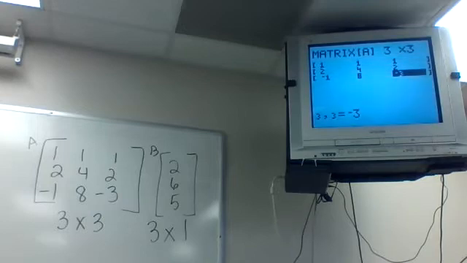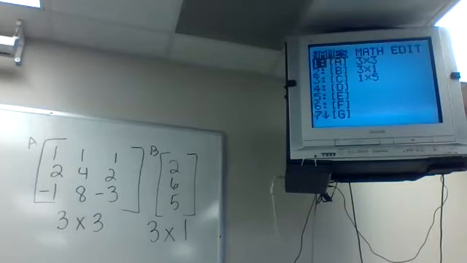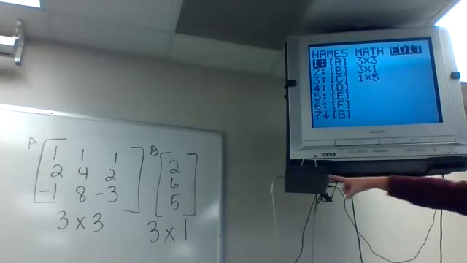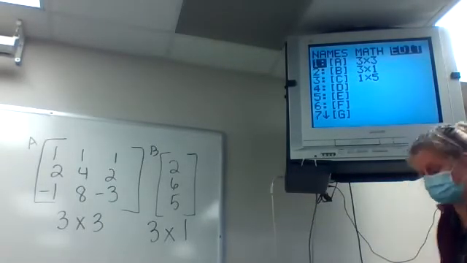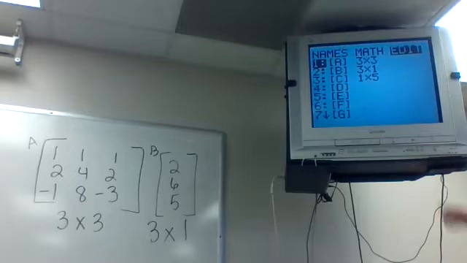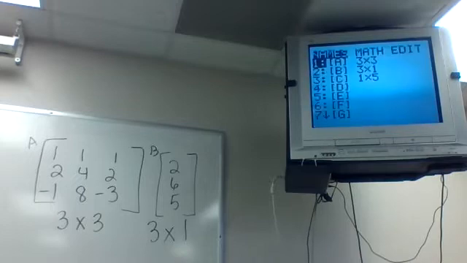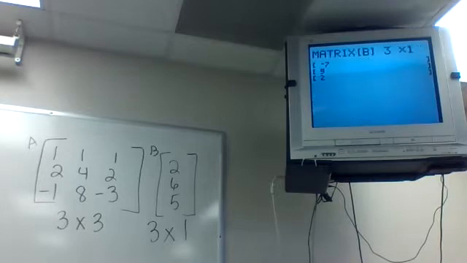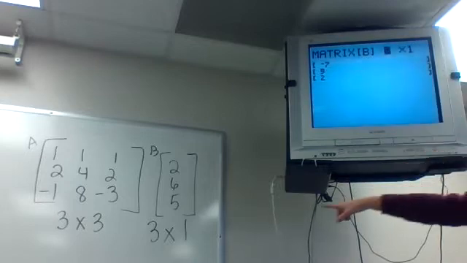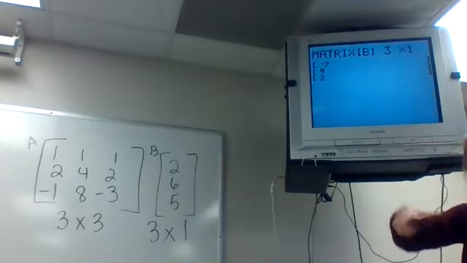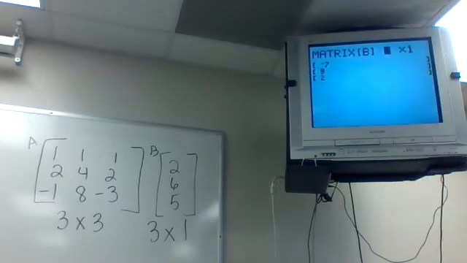Okay, now go back to matrix. So second matrix, go over to edit again, because now I want to create this matrix in my matrix B. So make sure you go down to matrix B. Again, type in 3 by 1 this time, which is just going to tell the calculator what your matrix looks like.